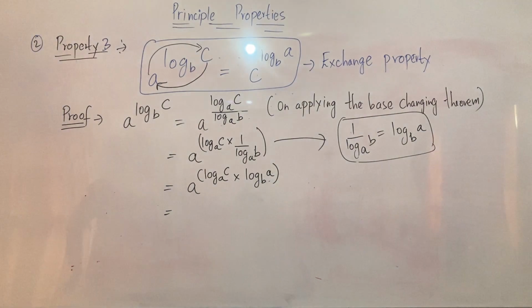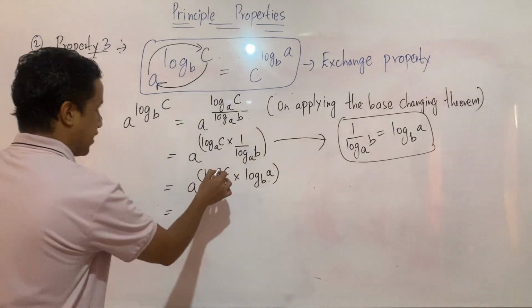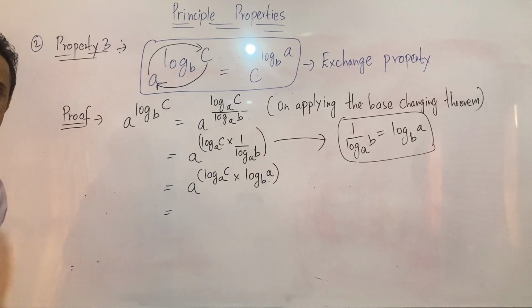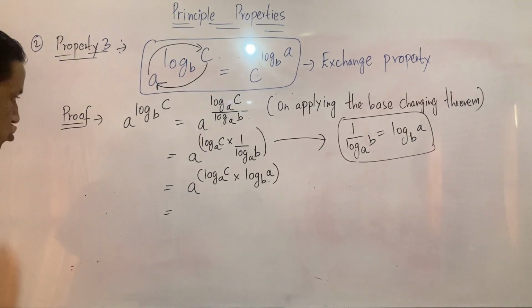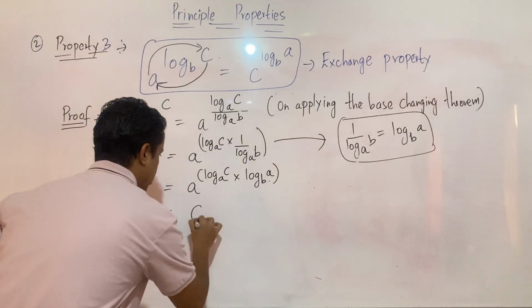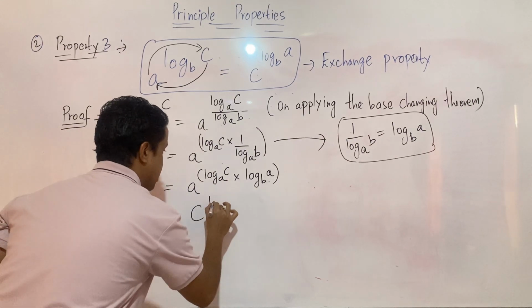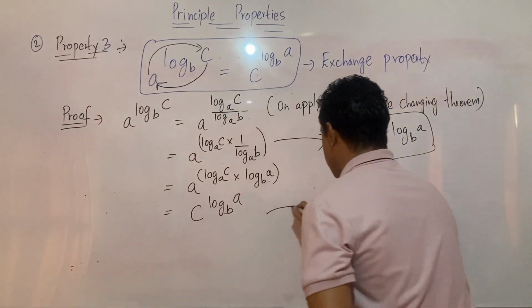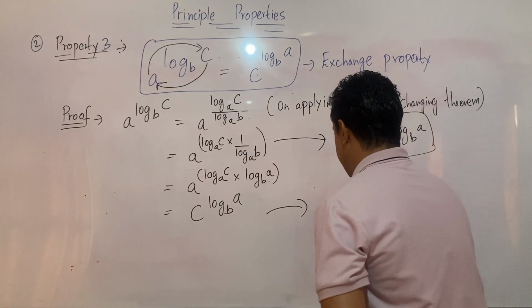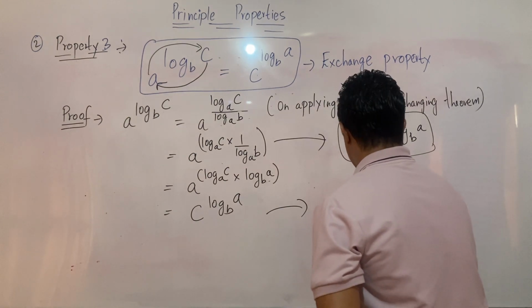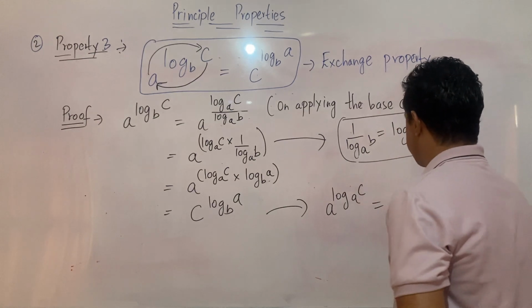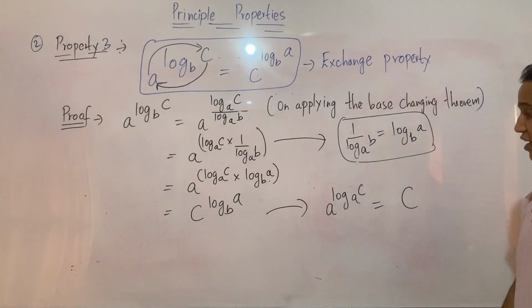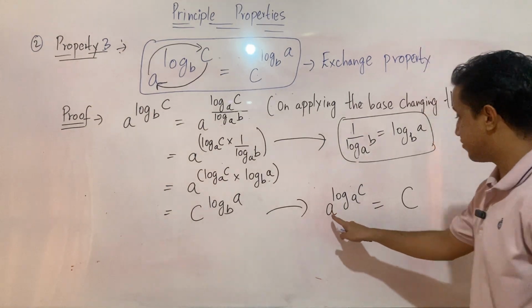Now this thing is a to the log c, it's going to be c, right? So it's going to be c to the log a to the base b. Why? Because see what we have used here: a to the log c to the base a is c, right? You remember this property, we have done this property.